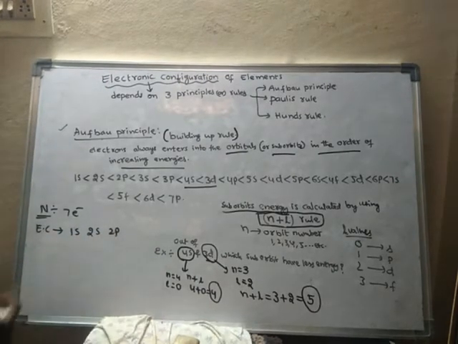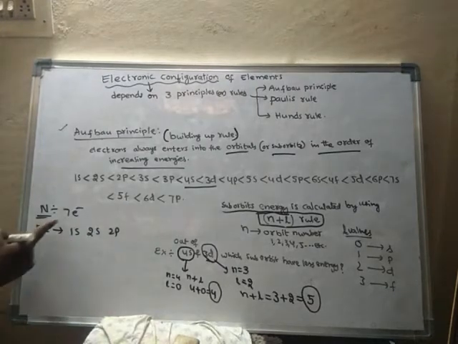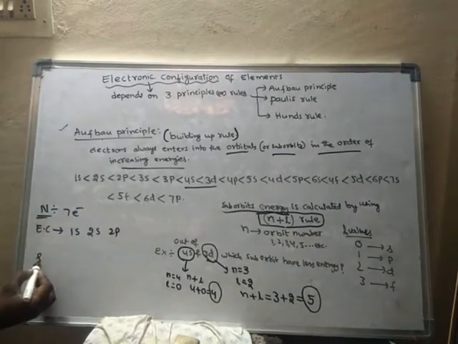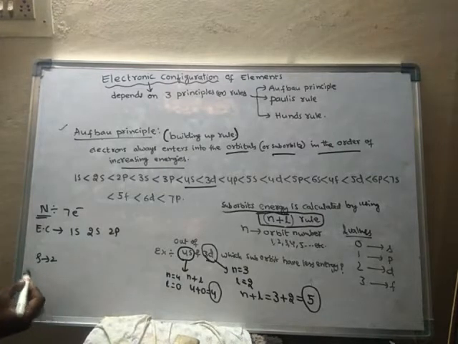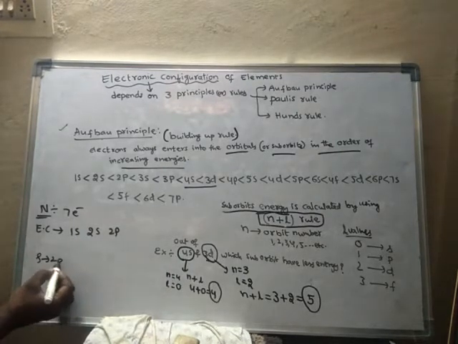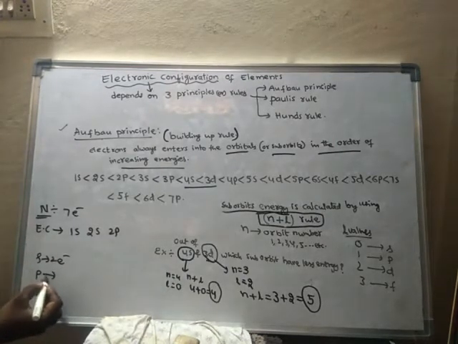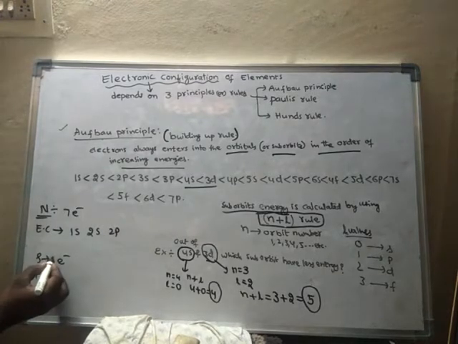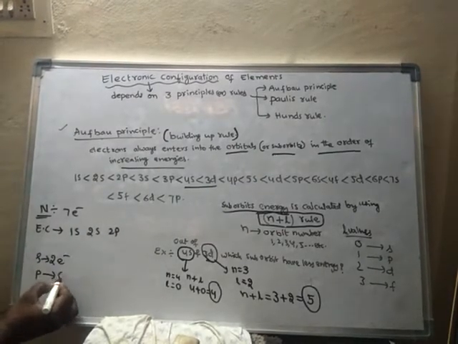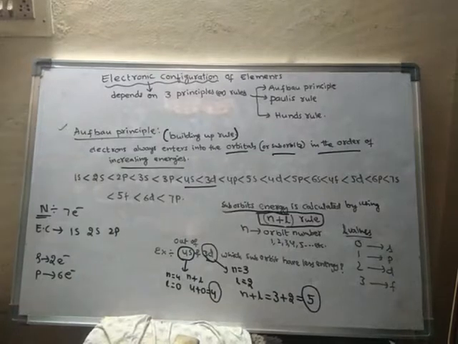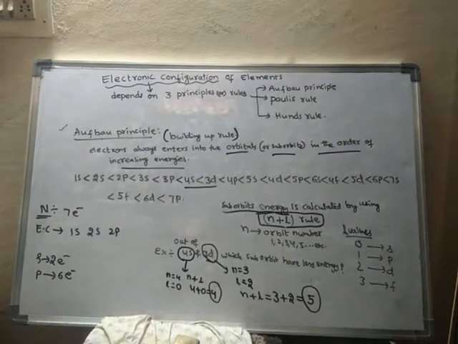First we write these suborbits, and out of 7 electrons, every s can contain only 2 electrons, and p can contain 6 electrons maximum. P may contain 0, 1, 2, 3, up to 6 only. So p cannot hold 7 electrons.